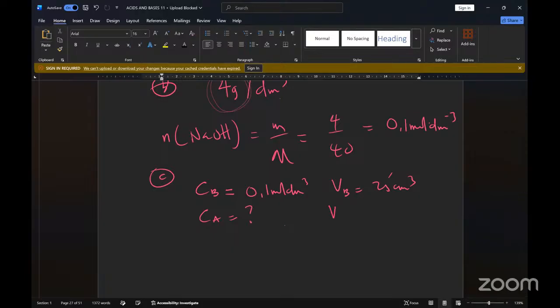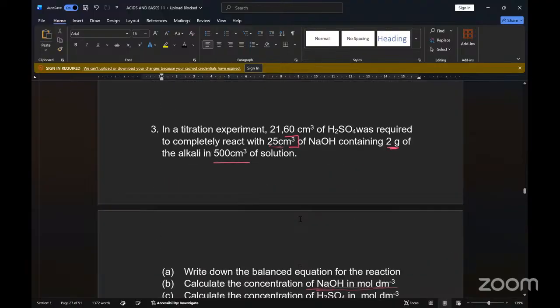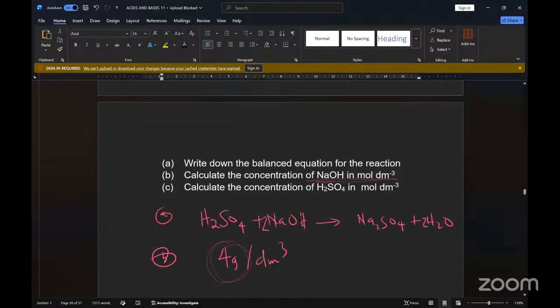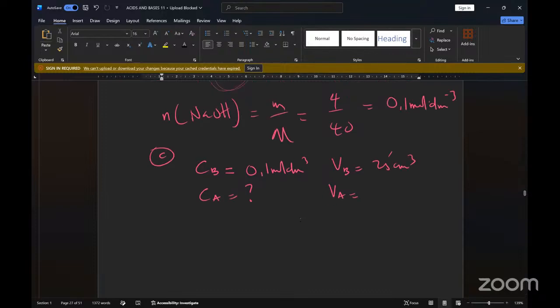Then the volume of the acid is this. So the question is correct. The volume of the acid is 21.6. So that is what we are supposed to find.